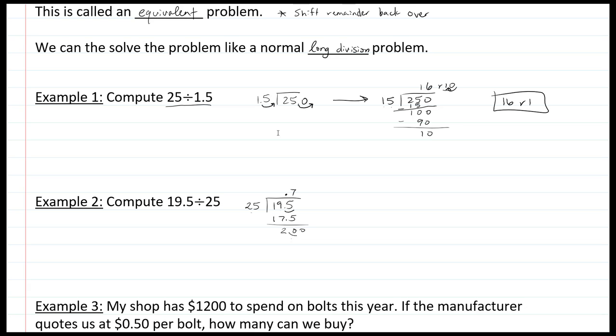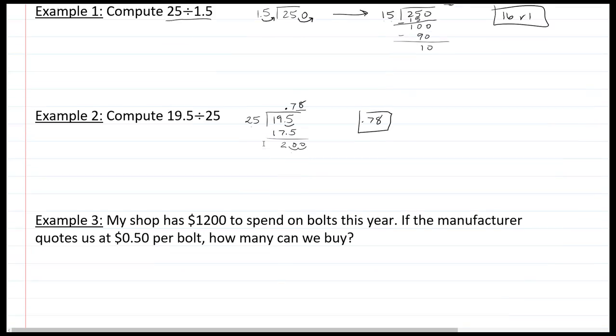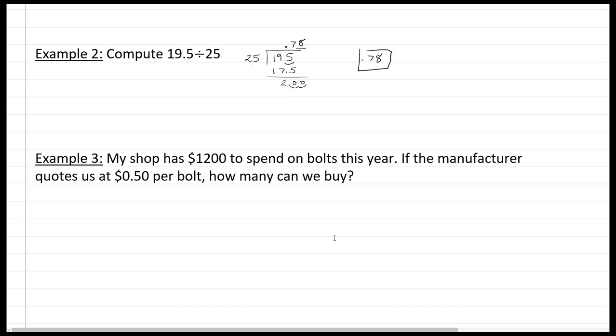So we have to shift it over by 2, and in order to do that, we have to start in the second decimal place, since we've shifted over by 2 to make it something we can divide into. So 25 goes into 200 8 times, and 0.78 is our final answer. And we expect this to be less than 1 because we're dividing by something larger.